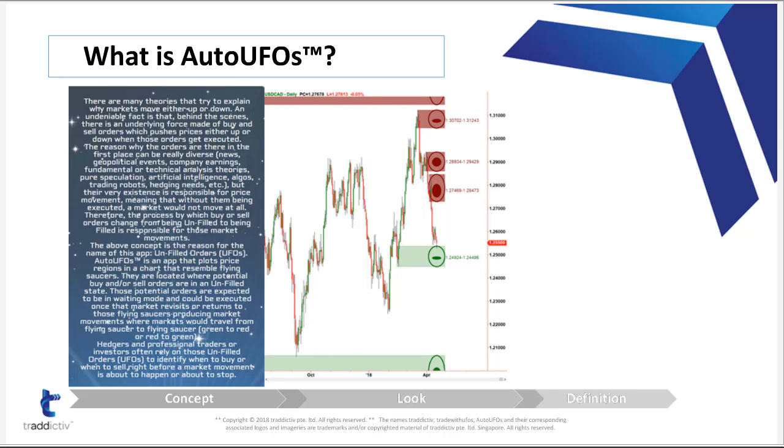Green represents unfilled orders waiting to get filled to buy, and red represents unfilled orders waiting to get filled to sell. So the colors green and red represent buy and sell orders, basically.